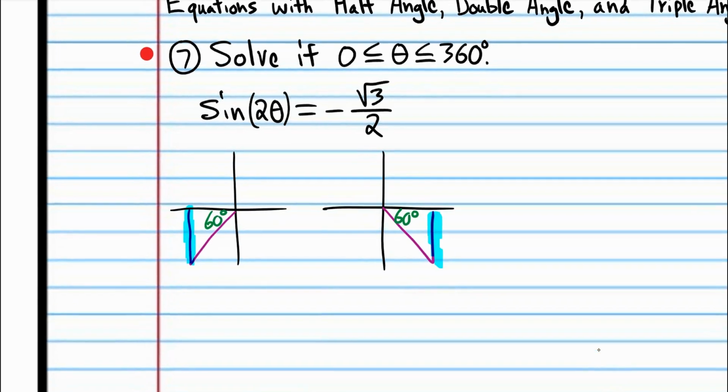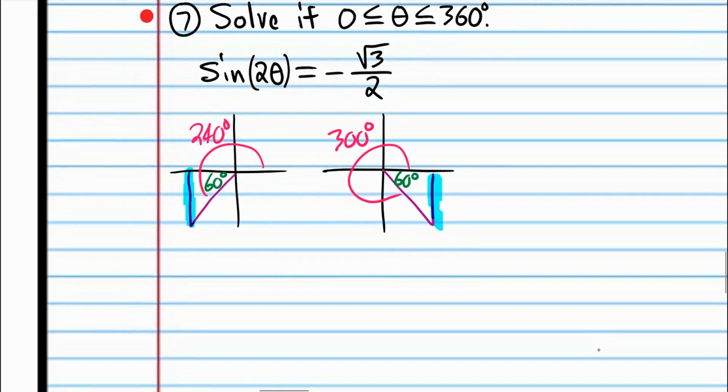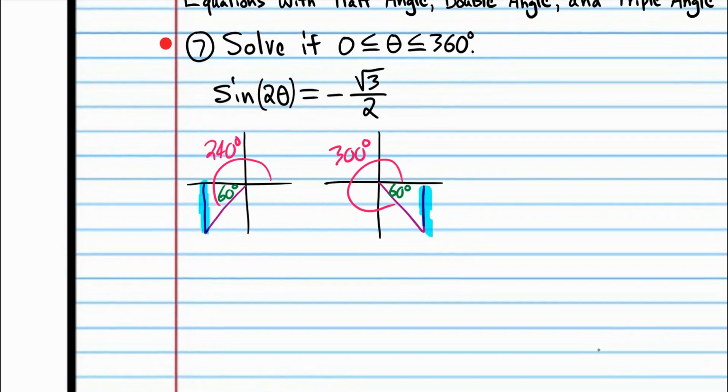And so the angles that we're looking for are 240 and 300. So we found the values that we plug in to the sine function to give us a negative root 3 over 2 ratio.